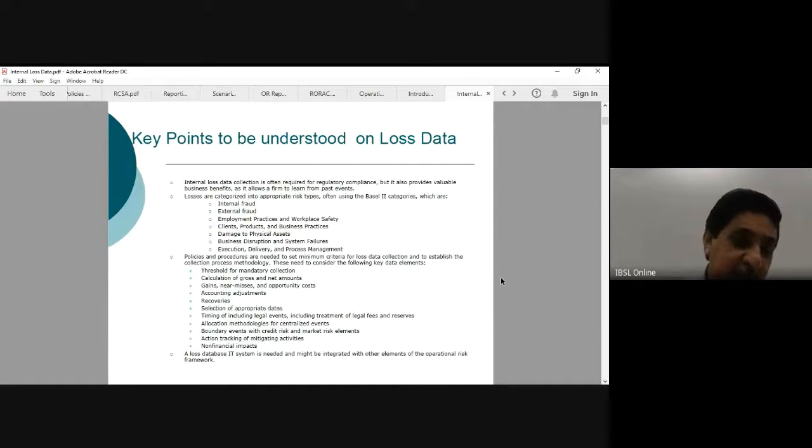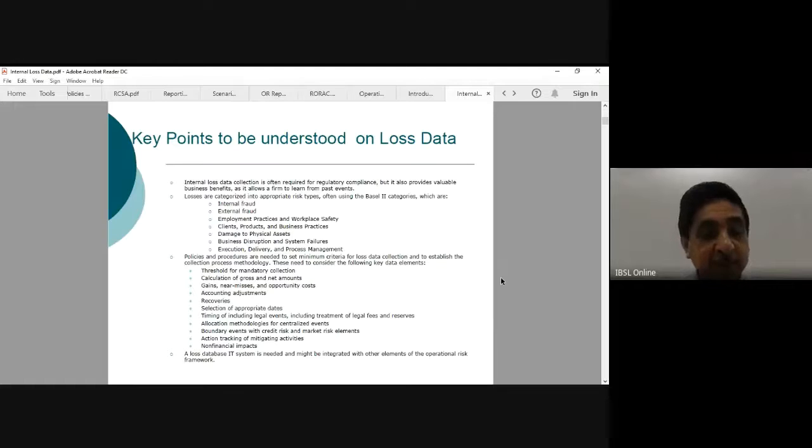Now all these things come to the big list of procedures, allocation methodologies, boundary events, action taken of mitigating activities, non-financial impacts. Now all these things will have to be looked into with regard to the data elements.